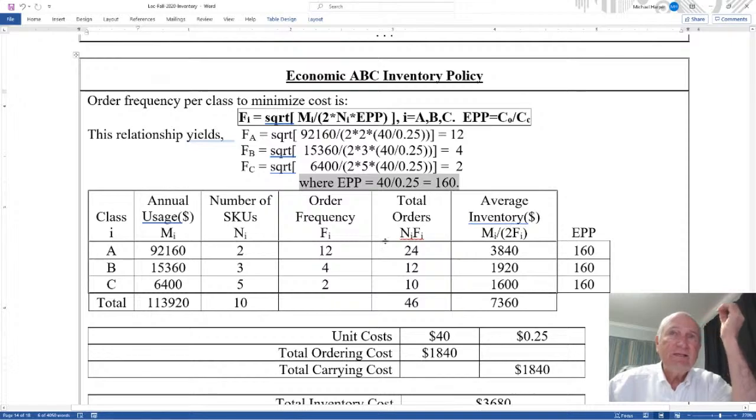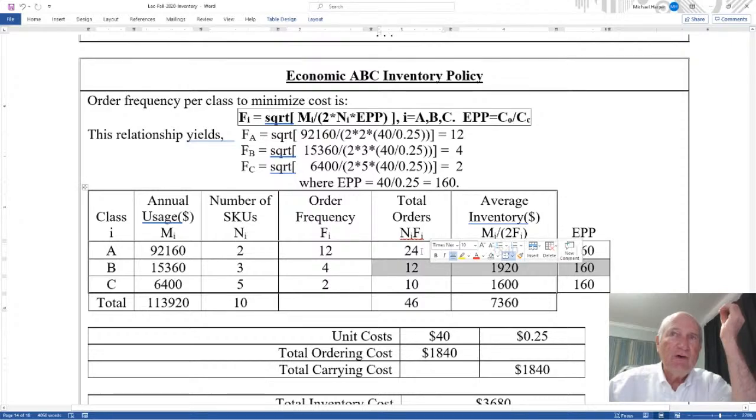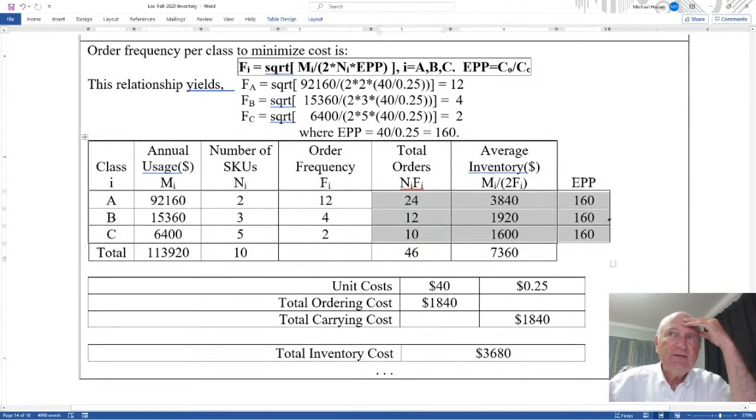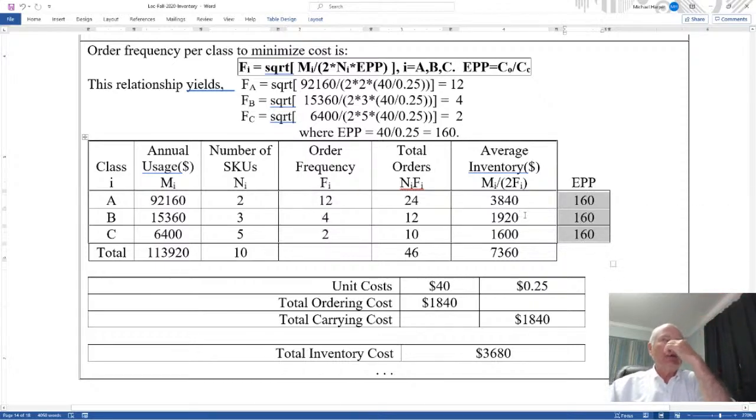But since this is EOQ, I get that same ratio for every class. This is called an economically balanced inventory. This 12, 4, and 2, since these are all the same, is called an economically balanced inventory policy. But since it's determined by the EPP, it's an optimal economically balanced inventory policy.